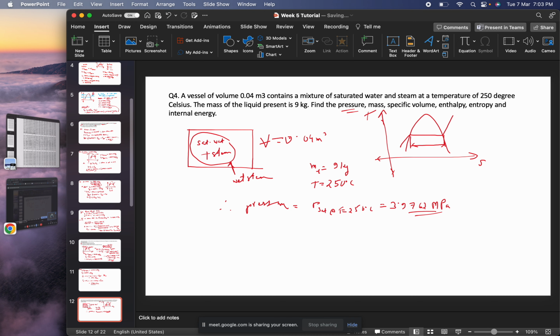Now the next task is to calculate the mass. Remember, the mass of the liquid is given, so we have to calculate the mass of the total mixture. Okay, so for that, we know these values, so we can calculate Vf.